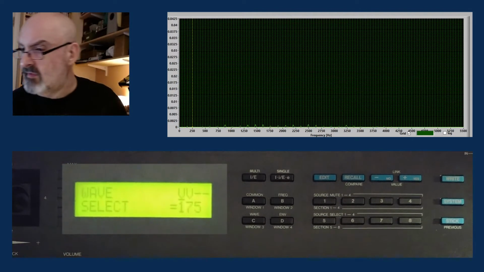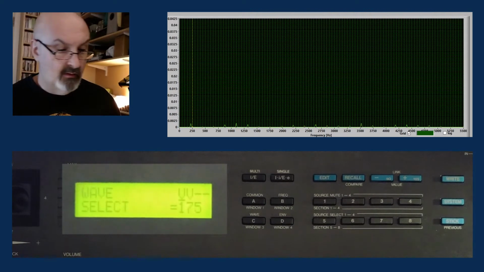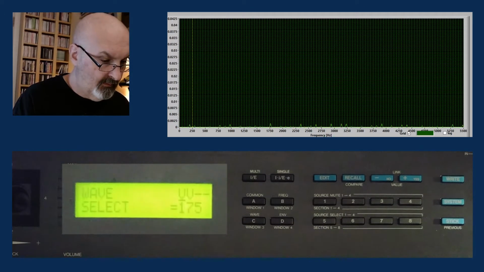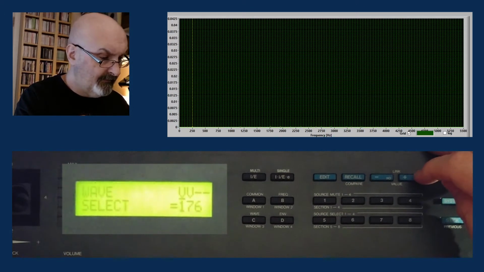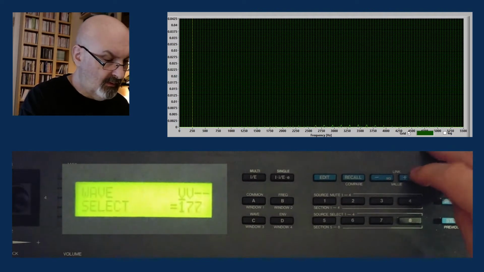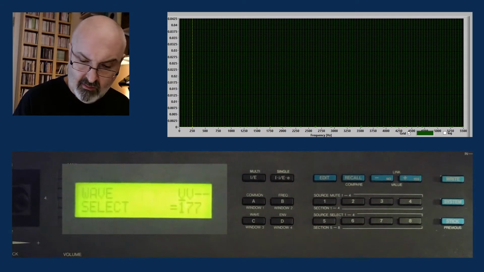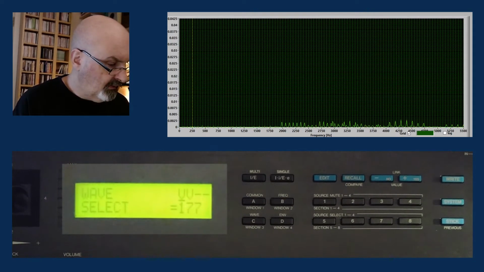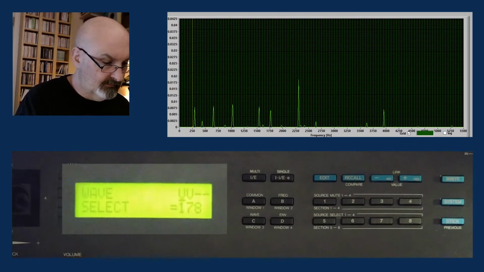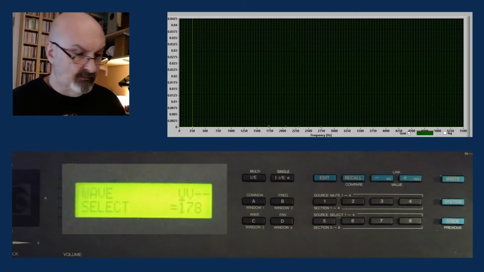Quite interesting. 175. What's that one? This is the Koto. It's interesting. Very strange. Bit more normal. 178 kalimba.